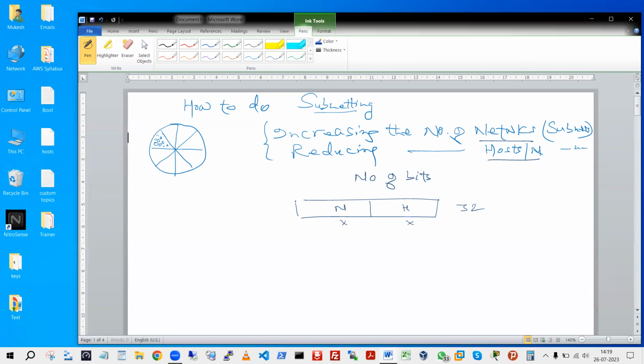Now the thing is, and out of 32, more the number of network bits you have, more networks you will get. Last time में networks बहुत कम, क्योंकि network bits बहुत कम है, right? Everything is based on bits. लेकिन number of hosts बहुत ज़्यादा है, right? Number of hosts in class A are more than crores, more than 1.67 crores, because host bits are more. So more the number of network bits, more networks you will get, more host bits if you have more number of hosts, or more number of addresses per network you will get.